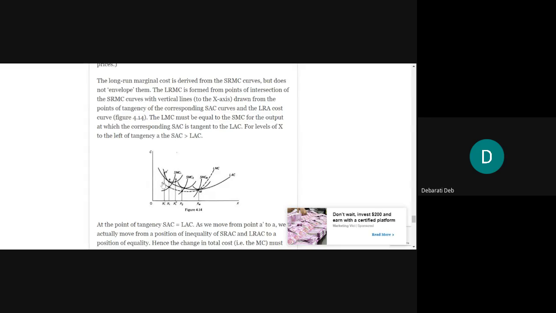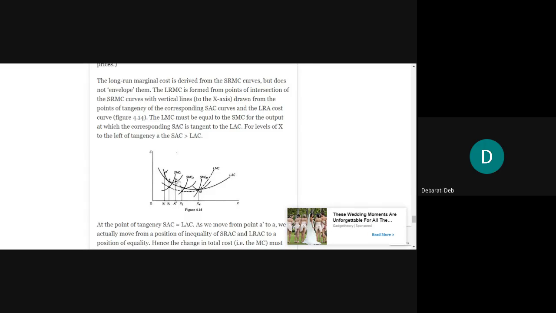For the previous diagram, you were drawing SMC1, SMC2, not strictly following that rule, but here when you draw that M, draw the short run marginal cost for the curve which was at equilibrium. For that point, the SMC should pass through this point M.